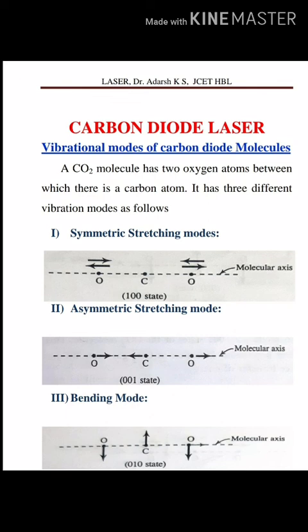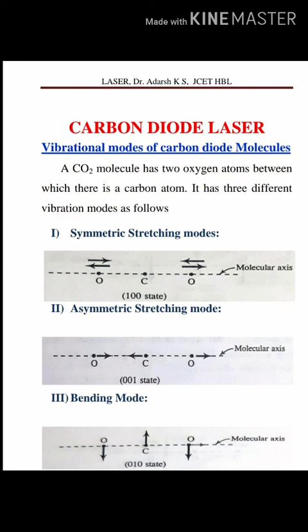First is the symmetric stretching mode. In this mode the oxygen atoms oscillate along the molecular axis, either approaching or departing from the carbon atom, but carbon remains stationary. This state of energy is referred to as the 100 state, and its energy is intermediate between the other two states. The second one is the asymmetric stretching mode.